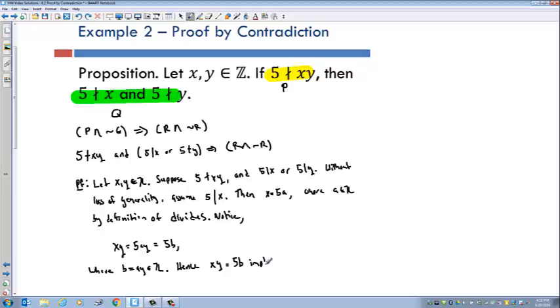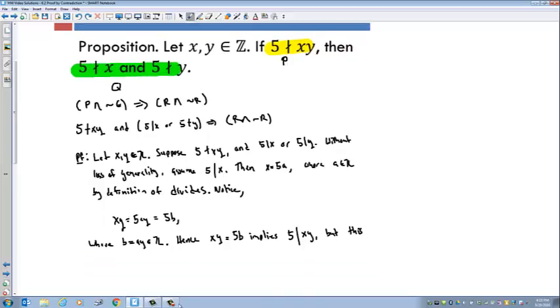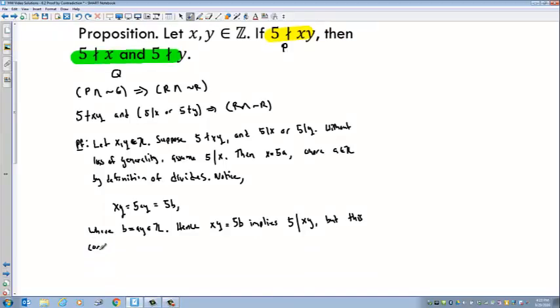Hence xy equal 5b implies 5 divides xy. But this contradicts the assumption 5 does not divide xy.